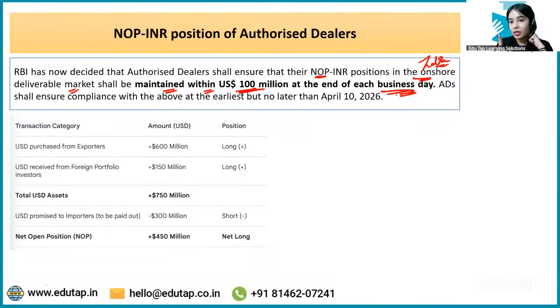Onshore means in India, not offshore, not in other countries. That means an authorized dealer bank cannot hold more than $100 million at the end of each business day. Got it?